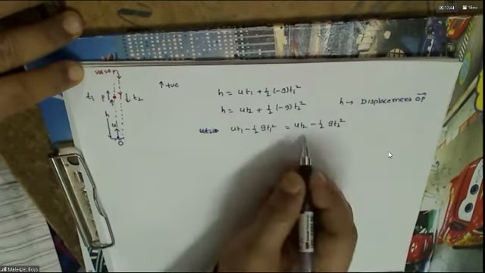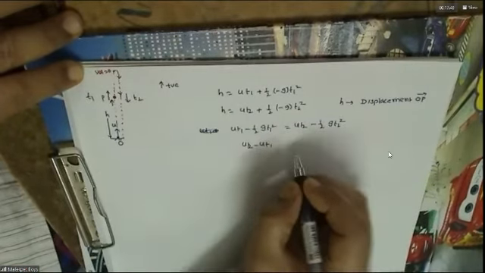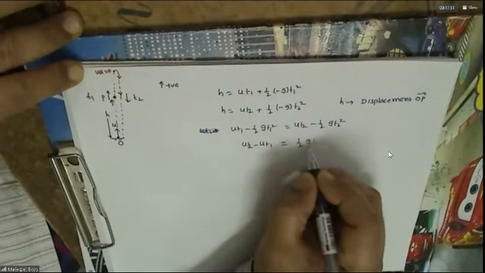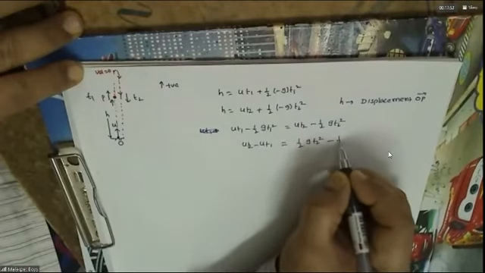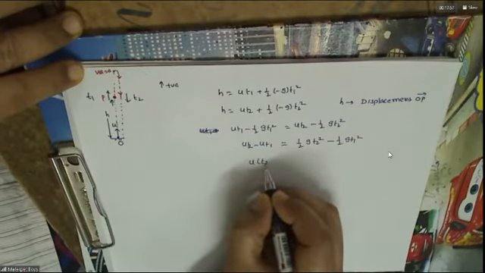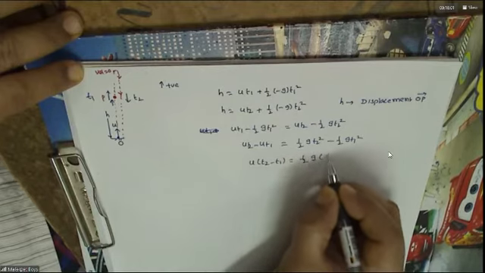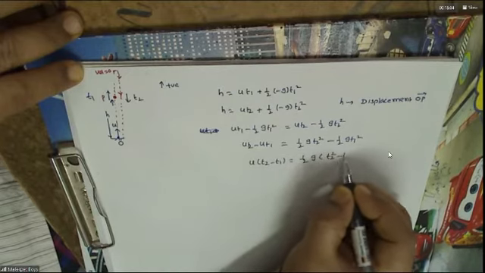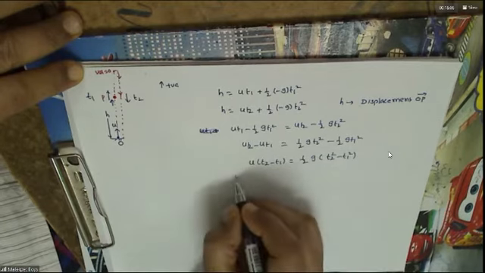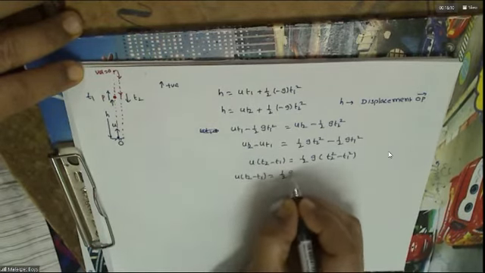So now if you equate these two, if you bring this side, you will have UT2 minus UT1. You bring it this side, you have U into T2 minus T1 equals half G T2 square minus half G T1 square, which is half G into T2 square minus T1 square.